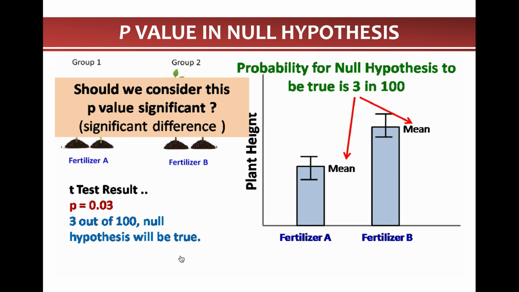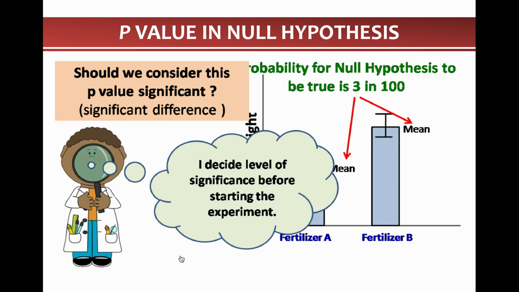Now the next question that arises over here is, should we consider this significant or not? Taking a decision based on p-value is completely in the hands of the experimenter or the scientist who is doing the experiment. The researcher decides the level of significance for his experiment.